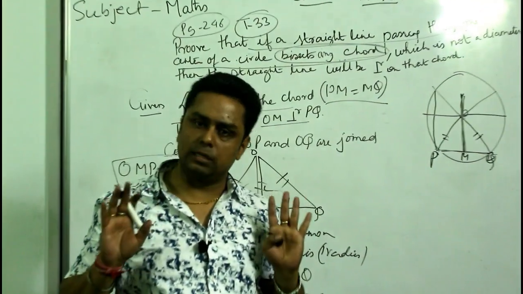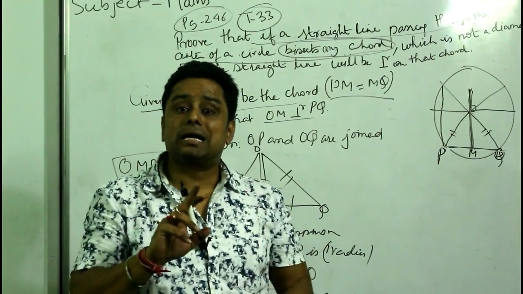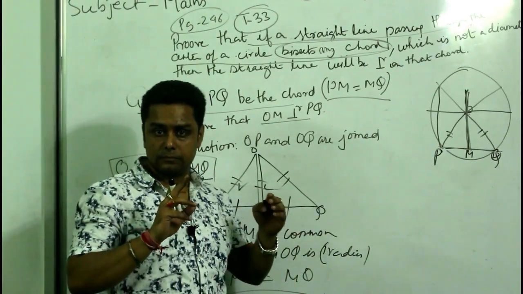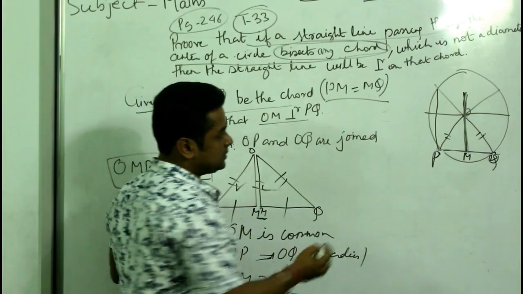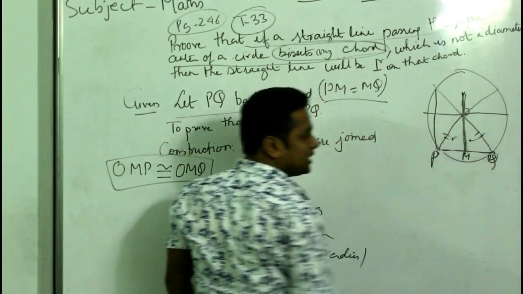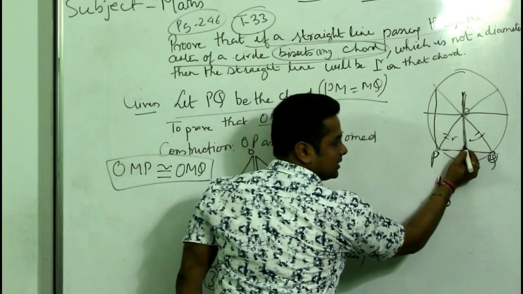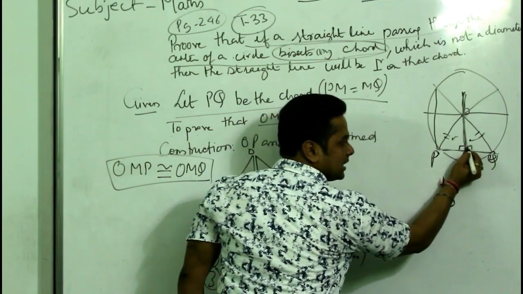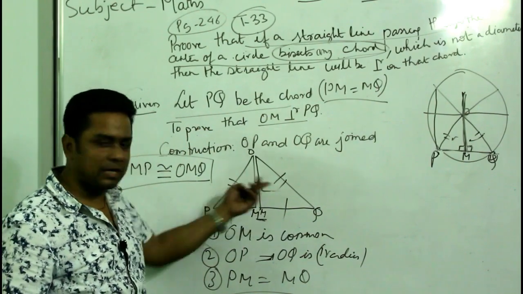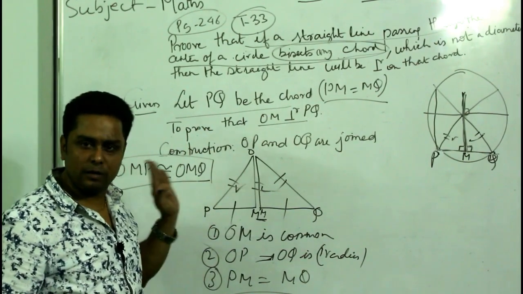Means all the angles are equal? No, all the corresponding angles are equal. I told you what corresponding angles means. Now if these two triangles are equal, that means this angle and this angle are equal. I proved these two triangles are congruent, that means corresponding angles are equal.